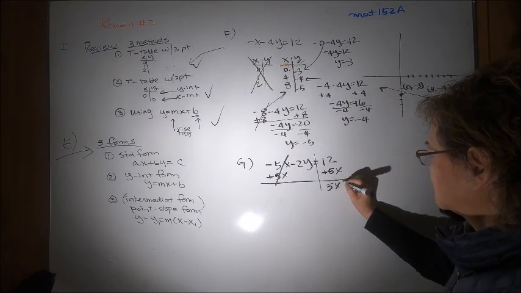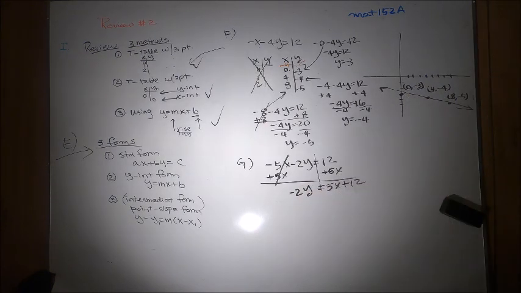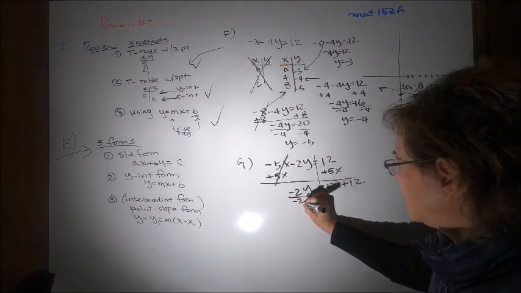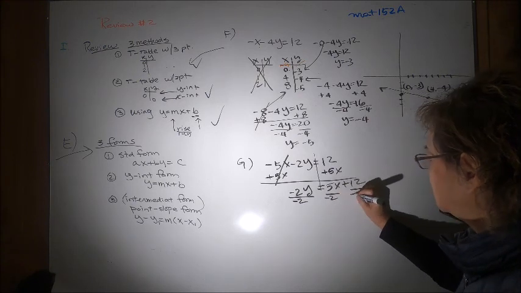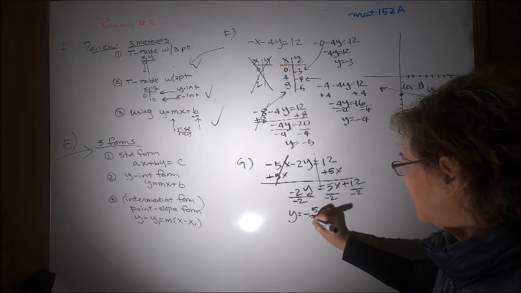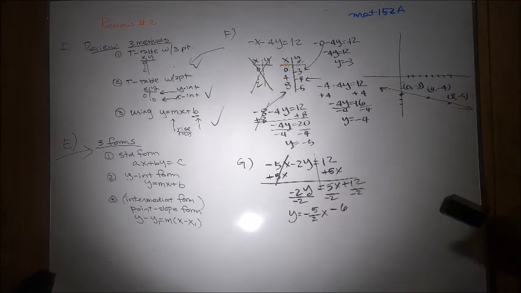So we have 5x plus 12 equals -2y, right? Then we have to get y by itself, so divide by -2. Then what do we have? Y equals -5 halves x minus 6. Is that right?